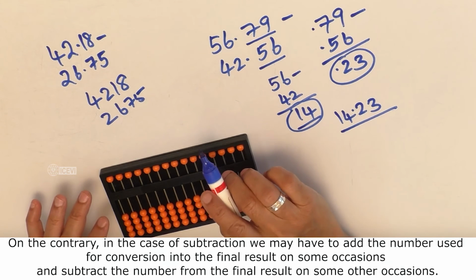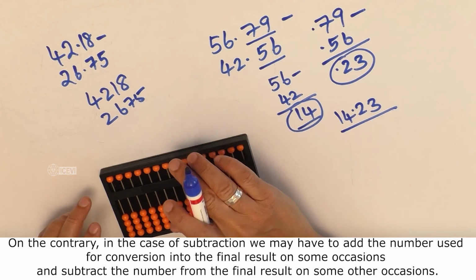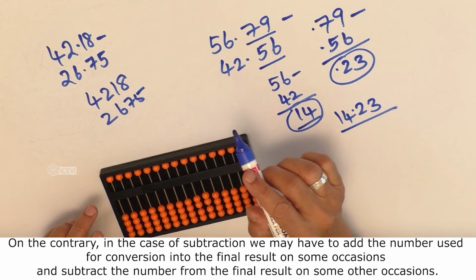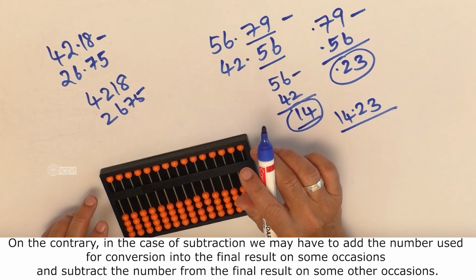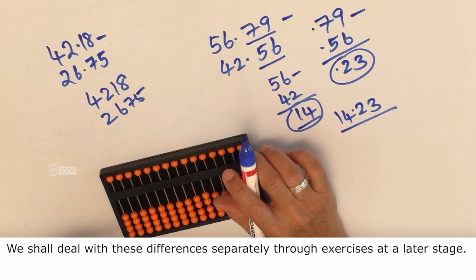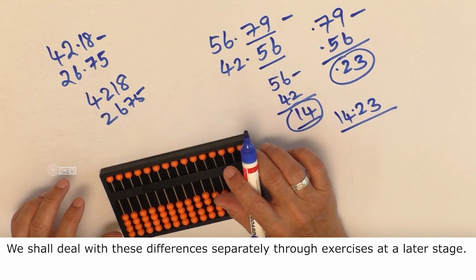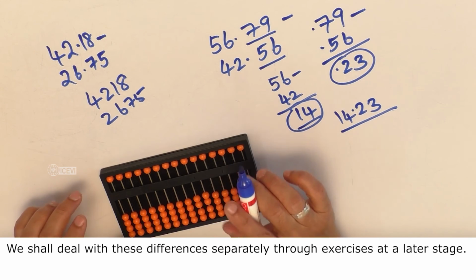On the contrary, in the case of subtraction, we may have to add the number used for conversion into the final result on some occasions and subtract the number from the final result on some other occasions. We shall deal with these differences separately through exercises at a later stage.